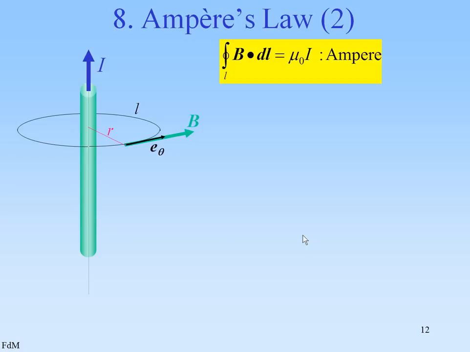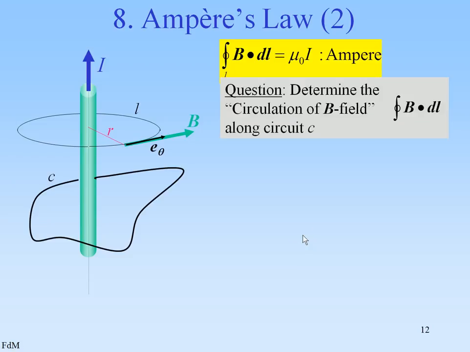Here is Ampere's law again. The question is now to determine the circulation of the B field along circuit C, and circuit C has an arbitrary shape. Let's take an element of circuit C. The element is dl here, and it spans an angle d theta.